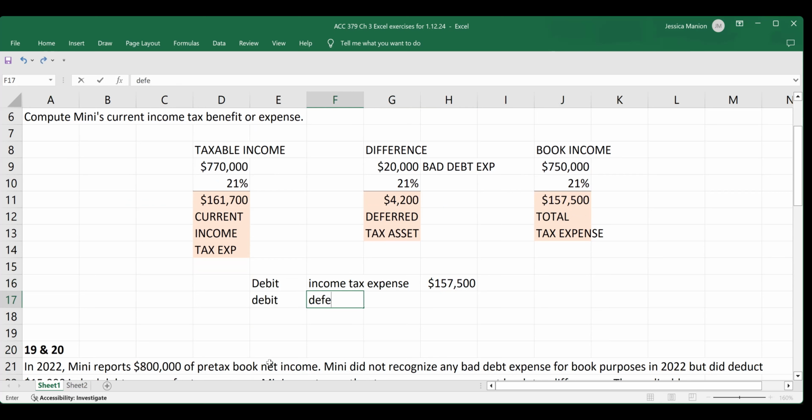So we're debiting deferred tax asset 4,200. And then we credit income tax payable. This is the amount we actually have to pay. That is what the journal entry would look like.